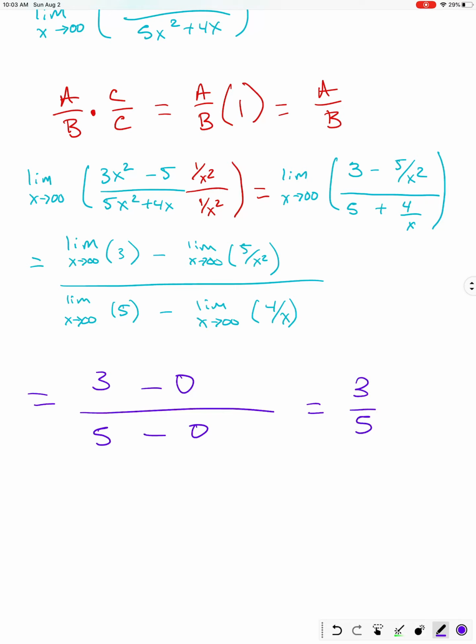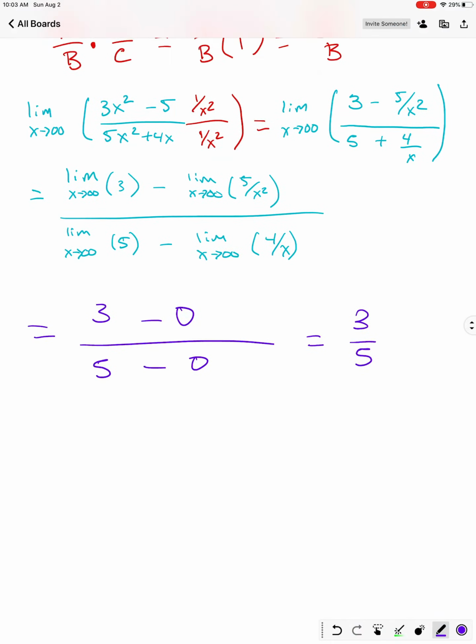So that simplifies to 3 over 5. That is the basic technique that gets used to evaluate limits as they approach infinity.